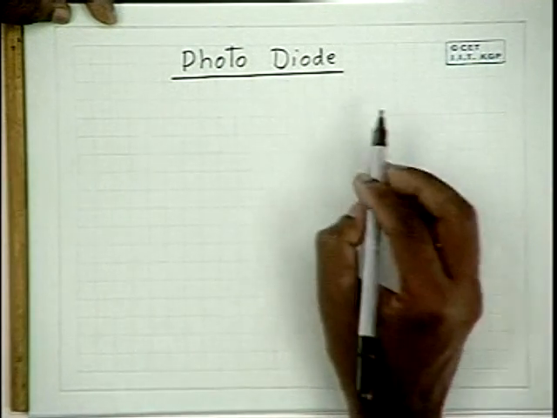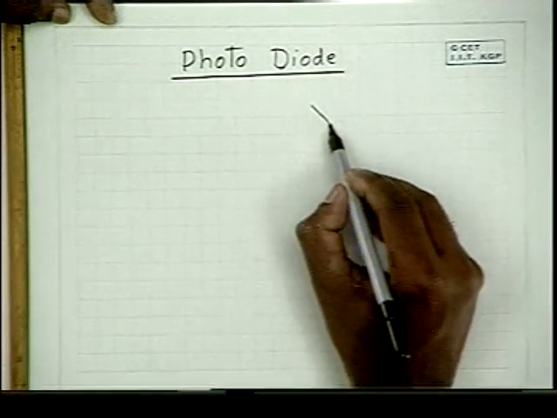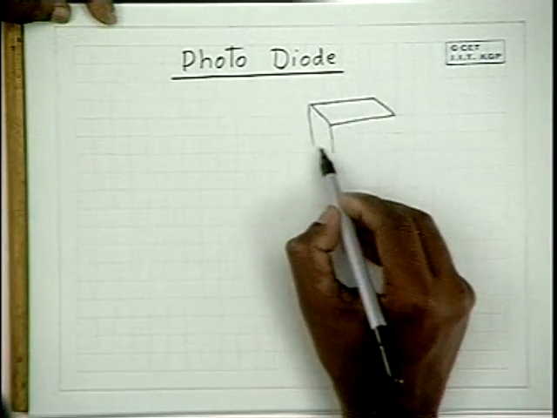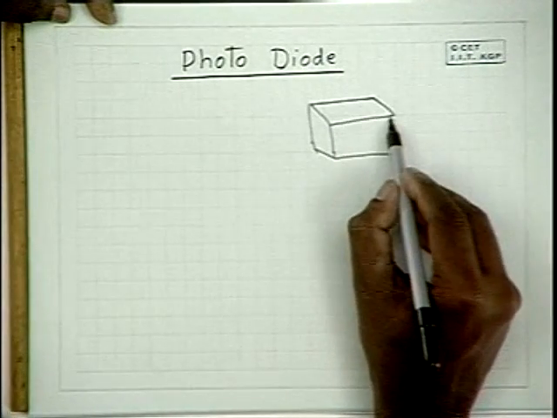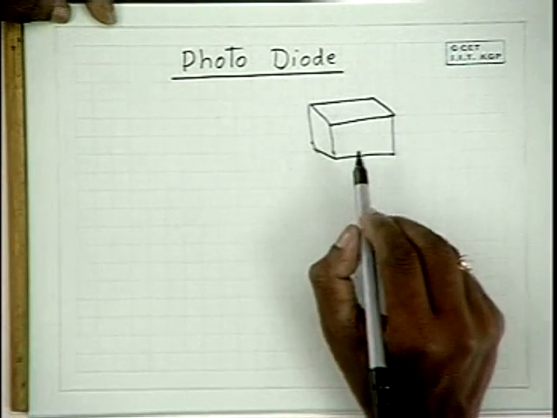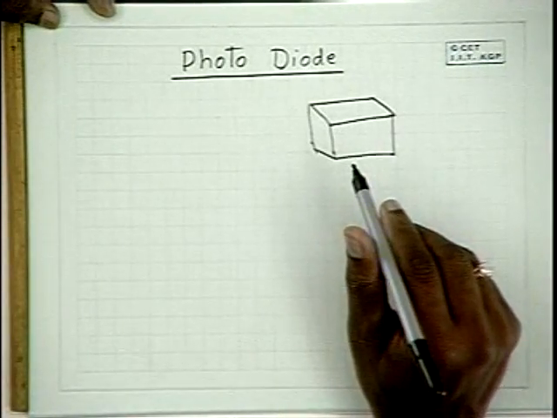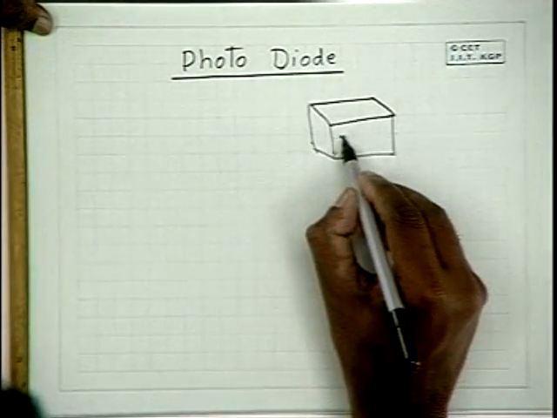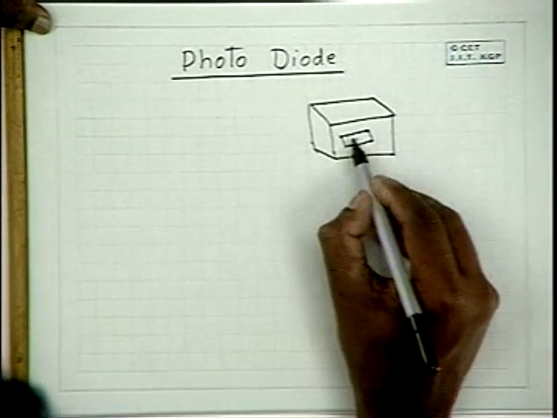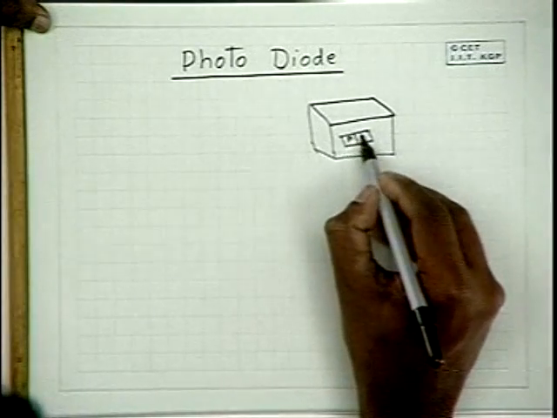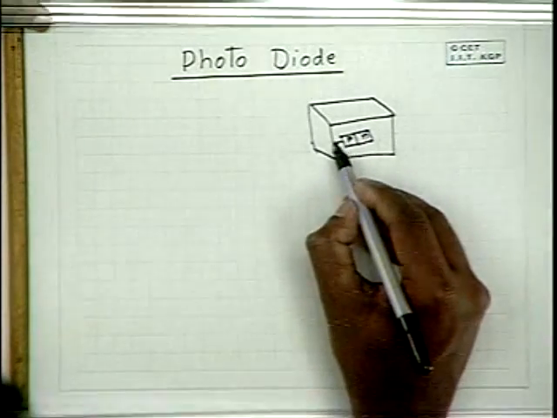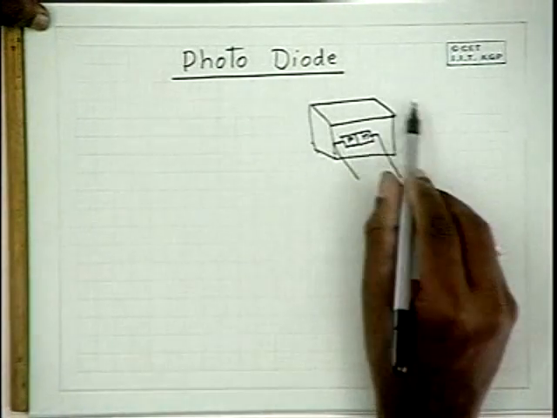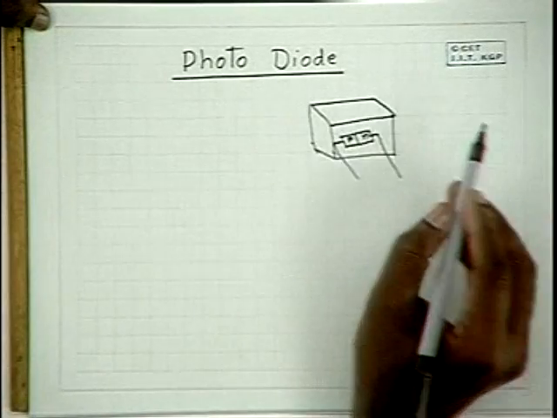A photodiode is a p-n junction diode enclosed in a transparent plastic or glass package. You have a PN junction diode inside, with the two terminals coming out, and this diode is enclosed in a transparent package.